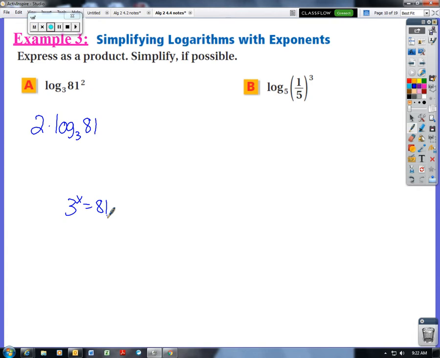So then 3 to the 4th is 81. So you end up with the 2 still out front times 4, and you get 8. Over here, I'm going to bring the 3 down in front, because it's a power there. Log base 5 of 1/5. 5 to what power equals 1/5, and that would be -1. So 3 comes down, multiplied by -1, and you get -3.